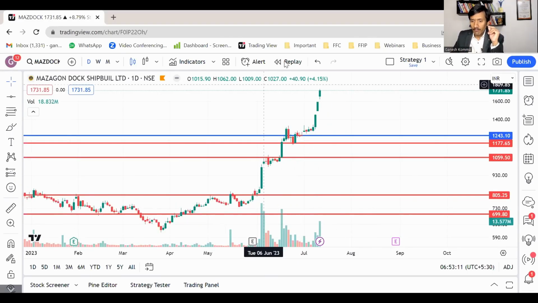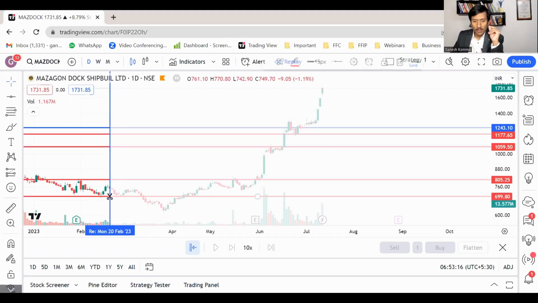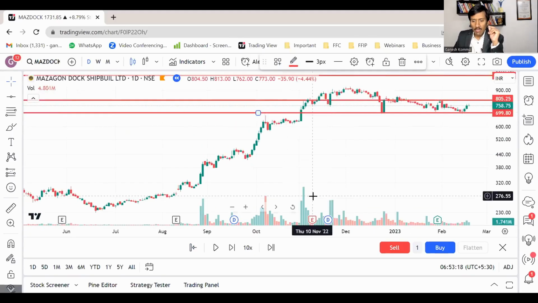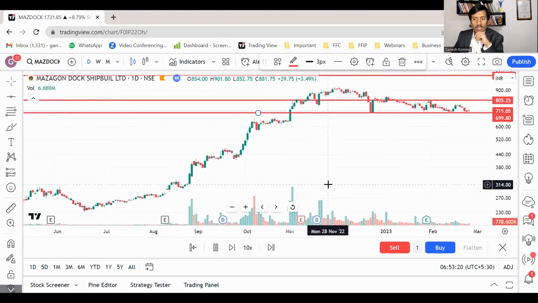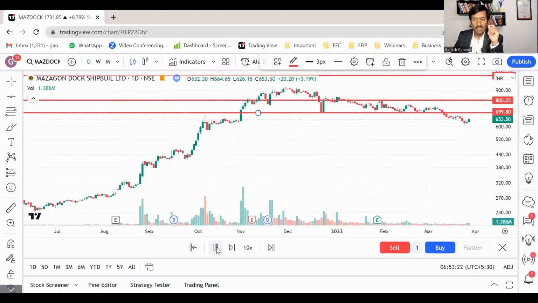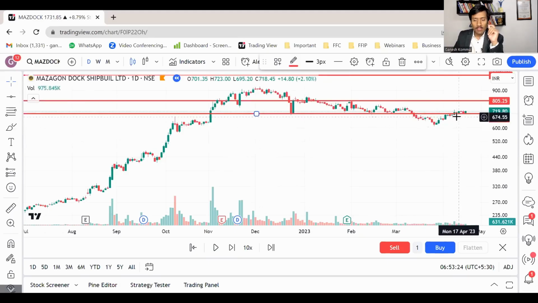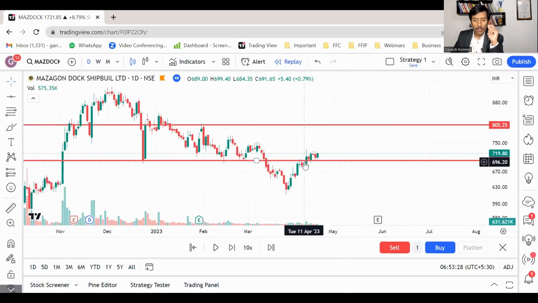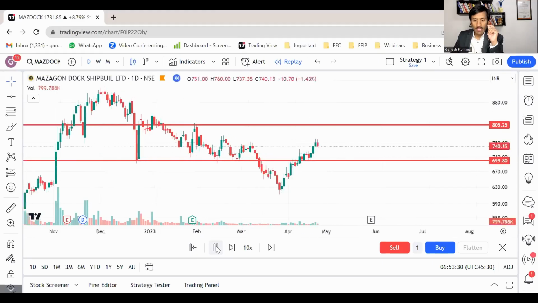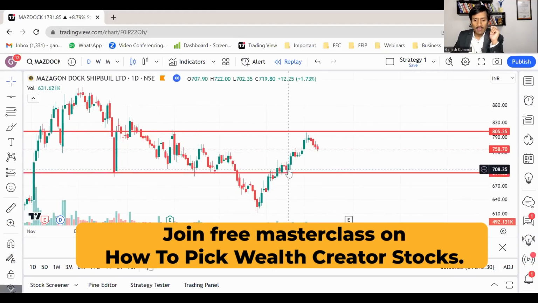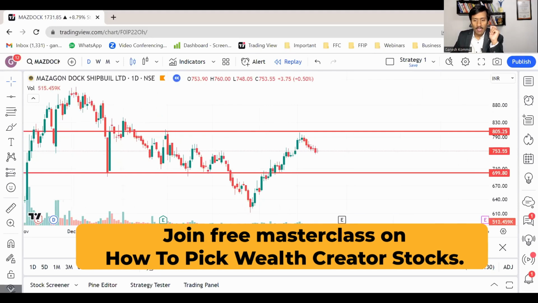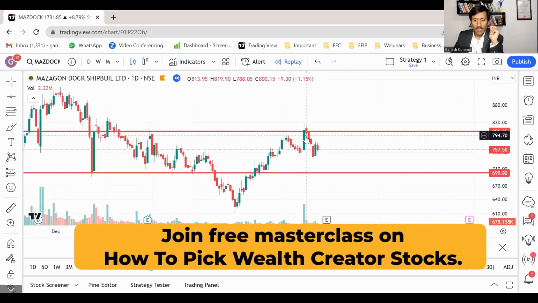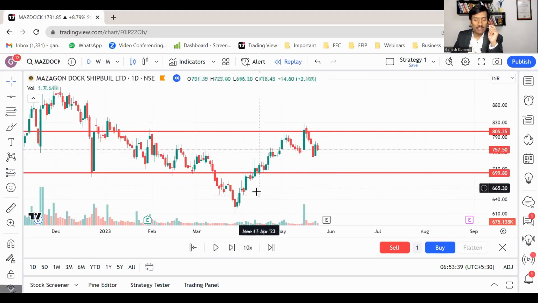Let me show you from this level onwards. If you see the graph here, the stock is trying to cross this level. And yes, when did it reach? It has advanced here. And again, in May, it is trying to cross this resistance.